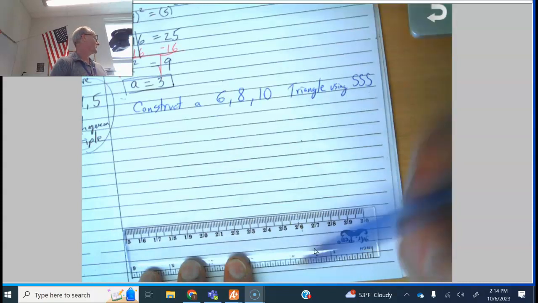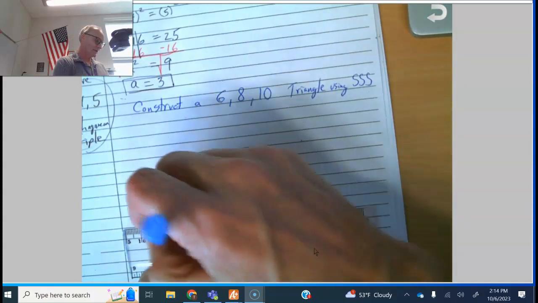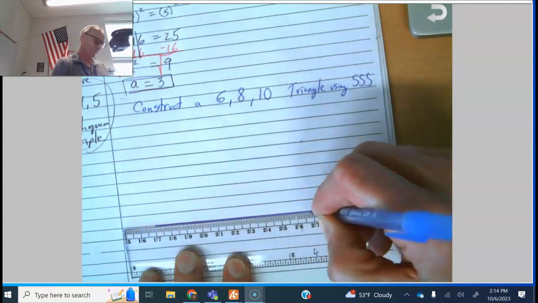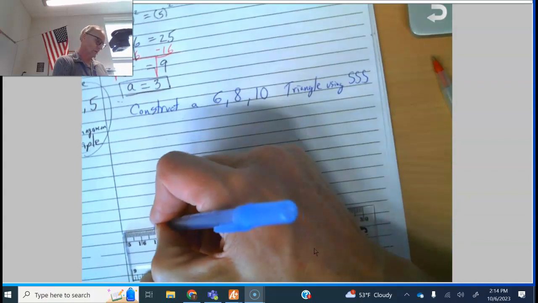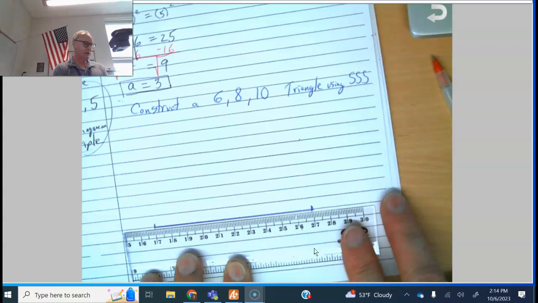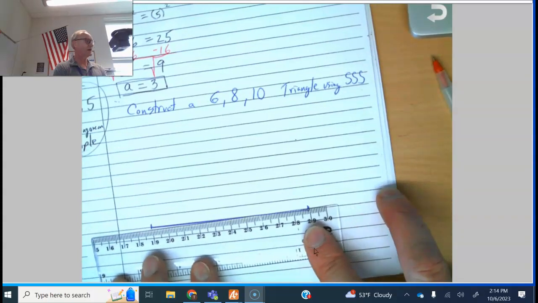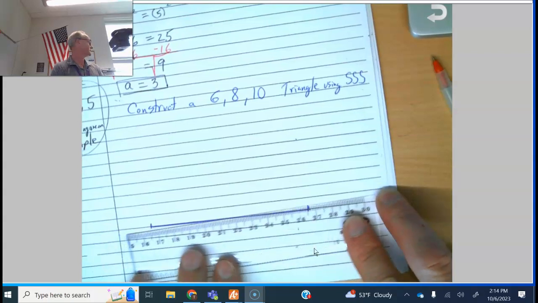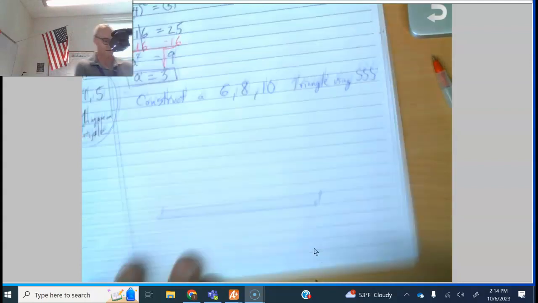So I have to think about my measurement a little bit. I'm going to go from 17 to 27 to get 10 centimeters. You can go from 17 to 27. You can go from 18 to 28. You can go from 19 to 29. It doesn't matter as long as you have 10 centimeters in there, right? Okay. This is 10 centimeters.